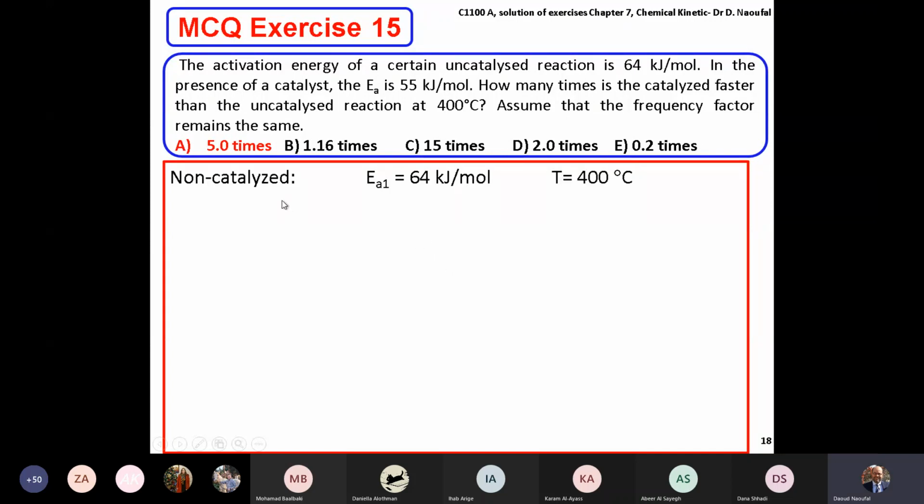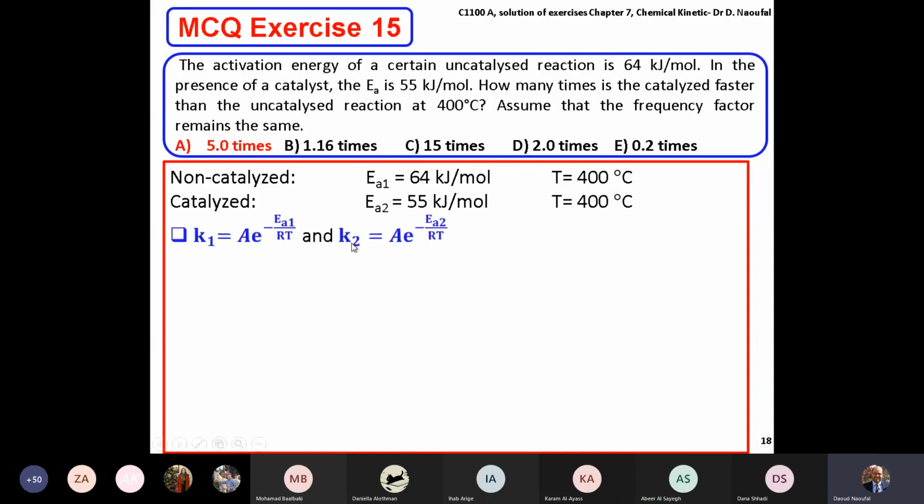So non-catalyzed, the activation energy is 64, the temperature 400 degrees, and the catalyzed, the activation energy is less at the same temperature. Sure that reaction 2 is faster than reaction 1. So R2 should be greater than R1, but now we have to determine the time we want to compare these two reactions.